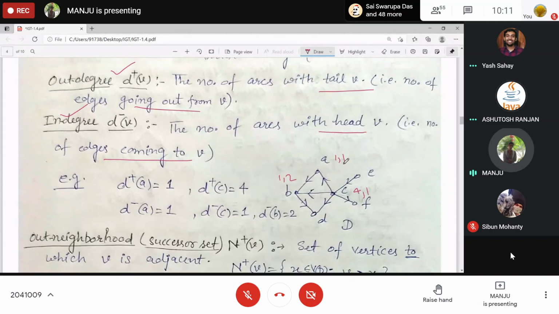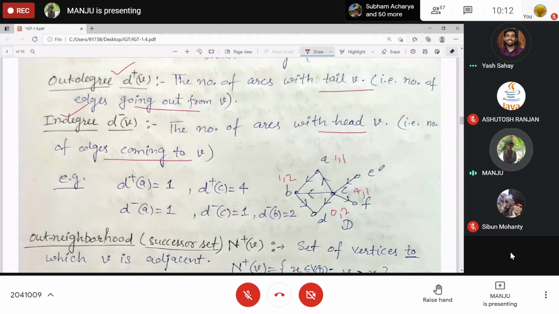And if you sum out degree plus in degree, this is giving you all the arcs, whether it is coming to or going out, to which the vertex is incident. Okay. And what about D? Out degree 0, in degree 2.